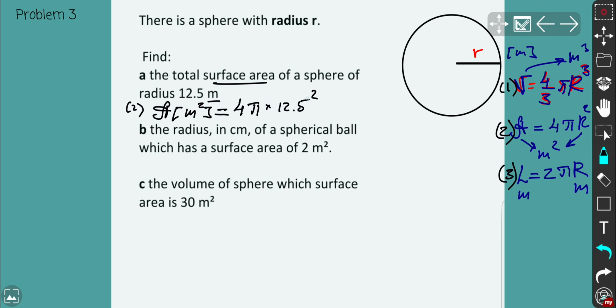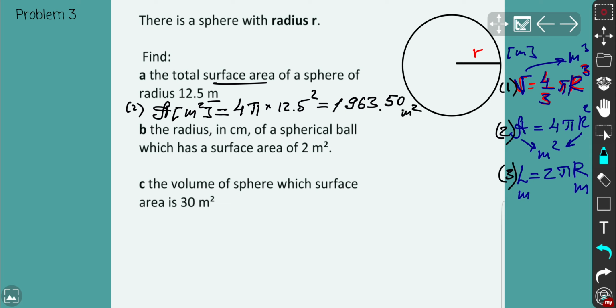That will give you a precise value instead of just using 3.14, because 3.14 is up to 2 decimal places, while the precision of the pi button is much more. And you raise 12.5 squared, okay? So finally what I've got is 1,963.495. If you round up, you'll get 1,960 meters squared. That's the surface area.